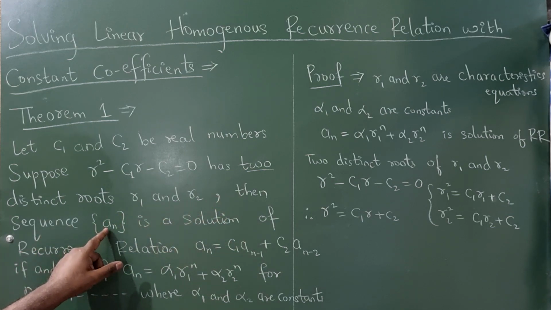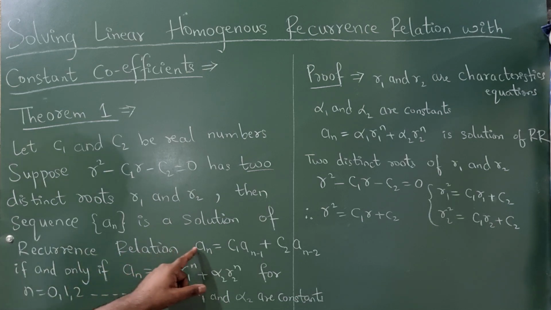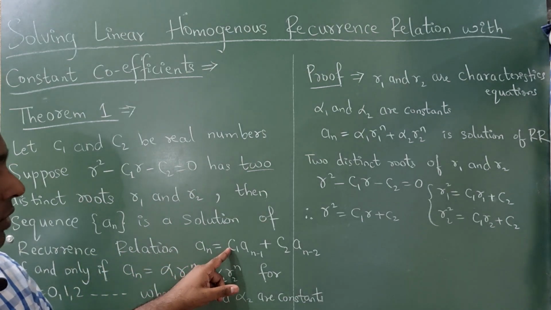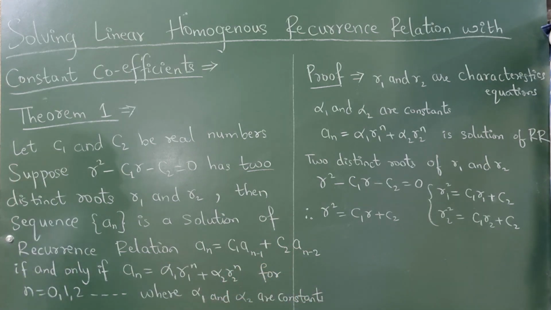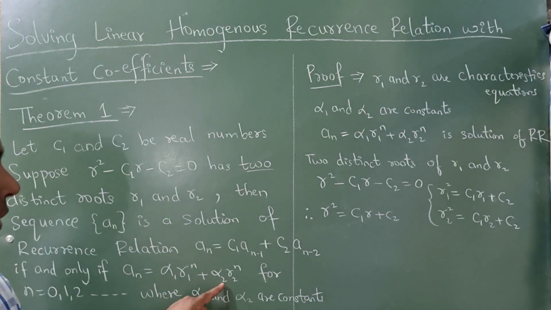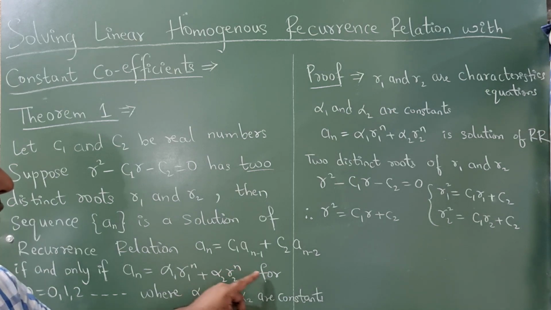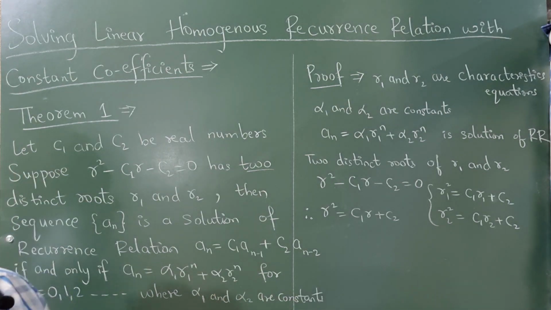Then the sequence a_n is a solution of the recurrence relation a_n = C1 a_(n-1) + C2 a_(n-2) if and only if a_n = alpha 1 r1^n + alpha 2 r2^n for n = 0, 1, 2, 3 and so on, where alpha 1 and alpha 2 are constants.